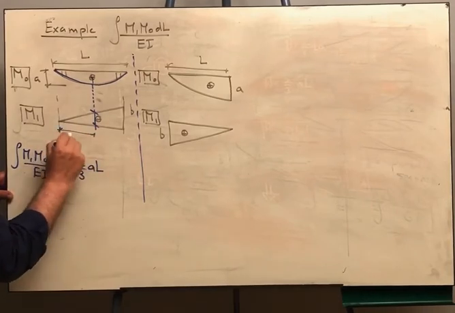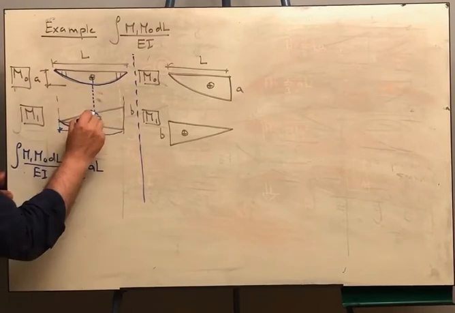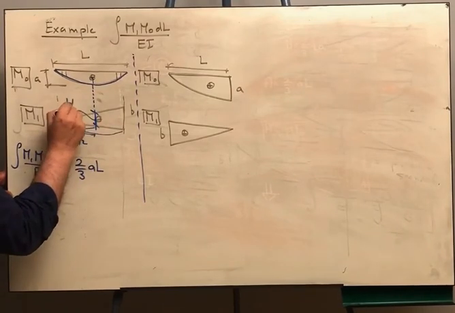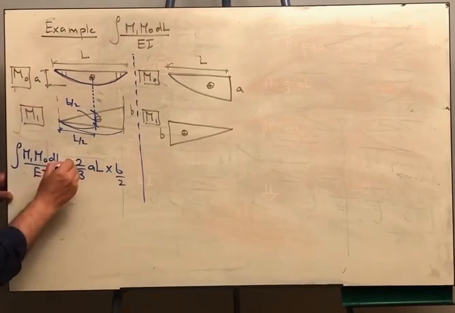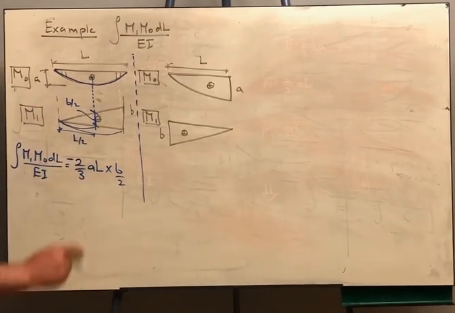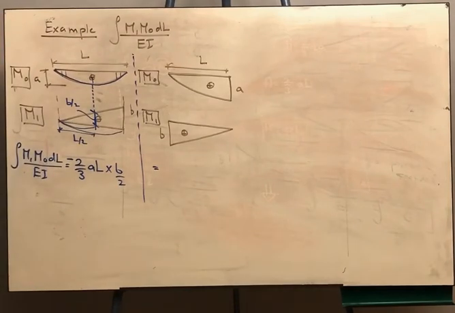This distance is L over 2. So this distance over this distance is half, which means that this value is B over 2. But take care, you have to put here a negative sign because this is a positive diagram and this is a negative diagram.